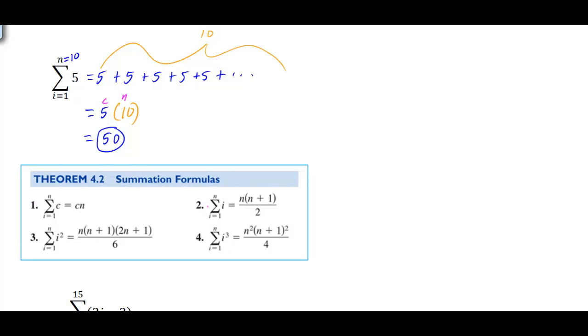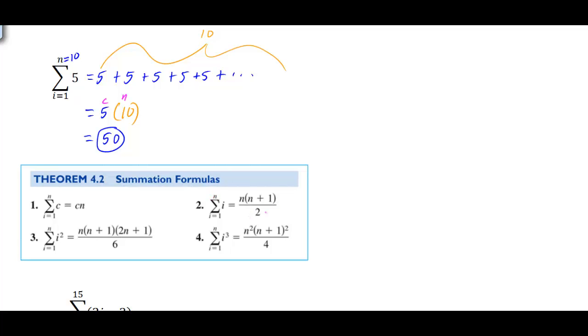And then we have another summation. Number 2 says that if you have i equals 1 to n and you're summing up i, then that just means you would plug 1 in for i and you'd get 1, then you'd plug in 2, so you get 1 plus 2, and you keep going. So you get 1 plus 2 plus 3 plus 4 plus 5, all the way up to this nth term.